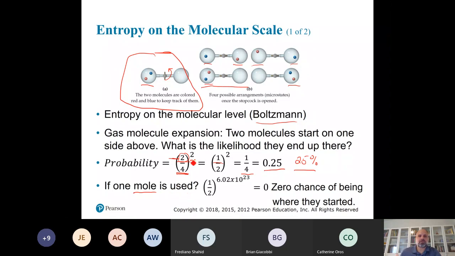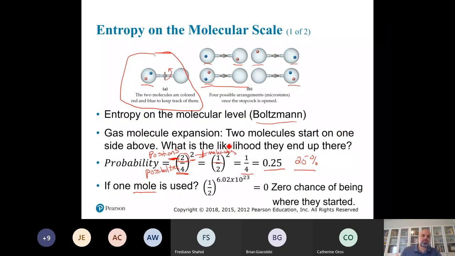I'm sorry, I explained this incorrectly. This 2 here is the two possible positions, right? This is positions, this is possibilities down below, and this is the number of molecules.